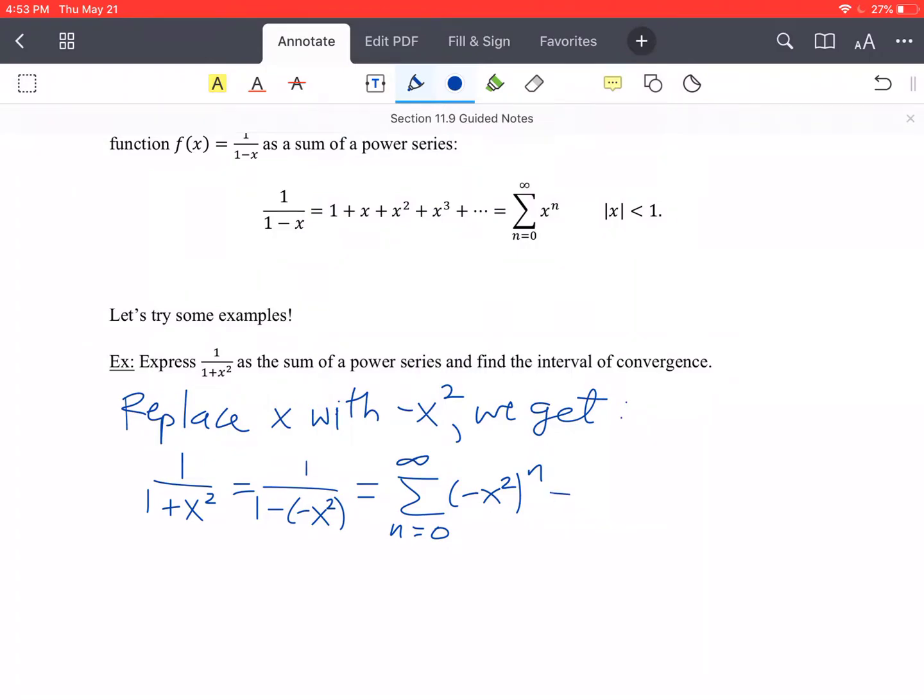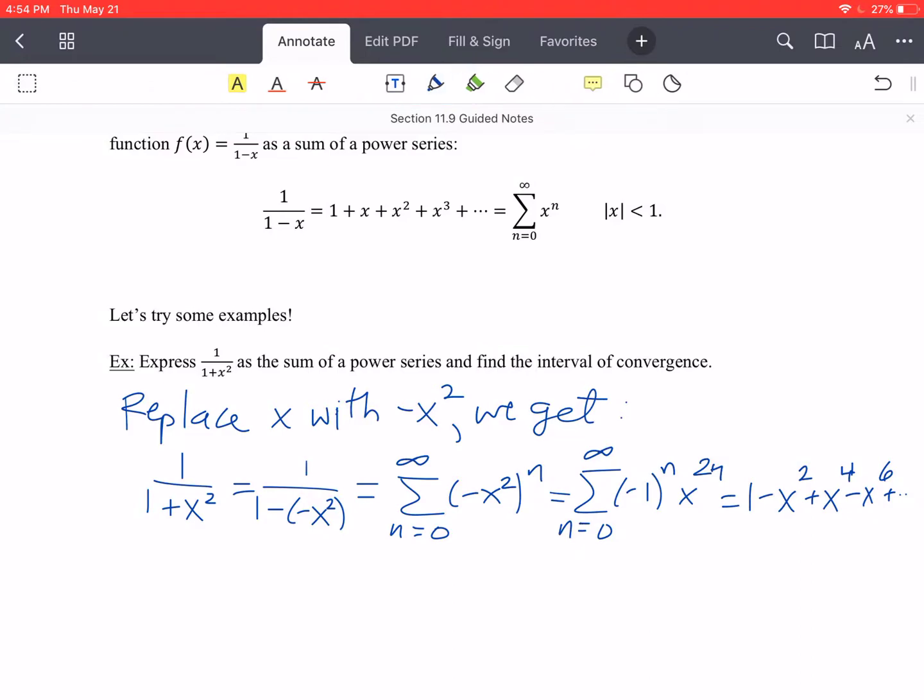Then this we can write as the sum from n equals 0 to infinity of negative 1 to the n times x to the 2n. If you were to expand it out a few terms, you'd get 1 minus x squared plus x to the 4th minus x to the 6th plus etc. So that's how we can write the function 1 over 1 plus x squared as an infinite series.